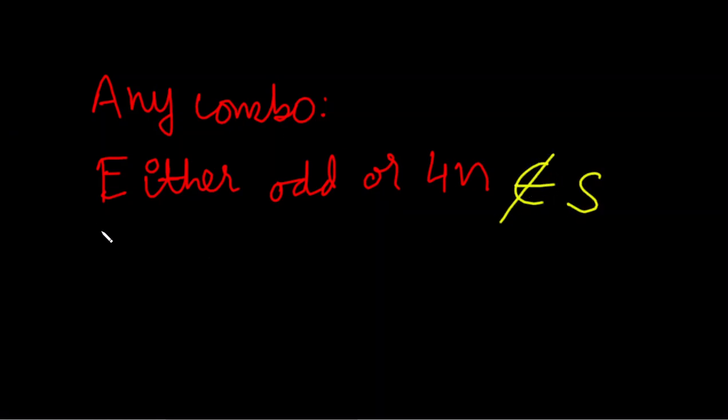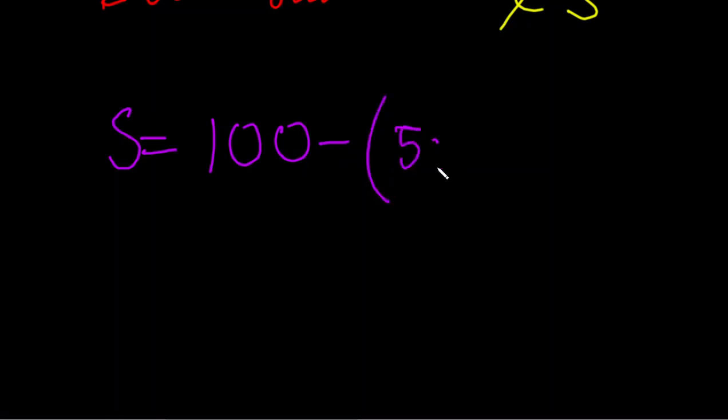So we can now finally define our solution set as, let us say s is equal to, there are 100 possibilities because there are 100 positive integers up to 101, excluding 101. So what are we removing? We are removing 50 of those because 50 of those are odd numbers, and as we have seen, odd numbers can't exist in our solution set.